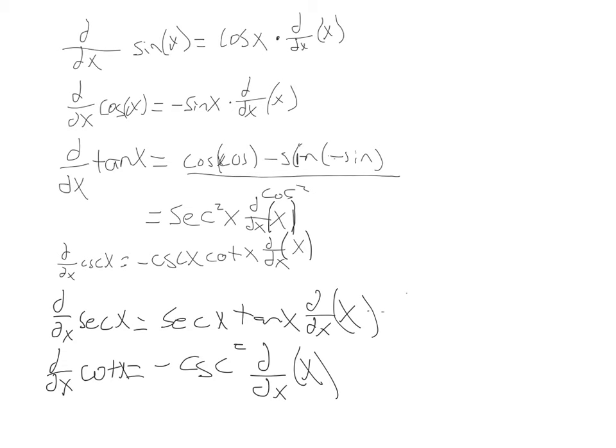let's go back to an earlier type of problem that we have already mastered. I want to find the equation of a line tangent to y equals x times the cosine of x at x equals 1.